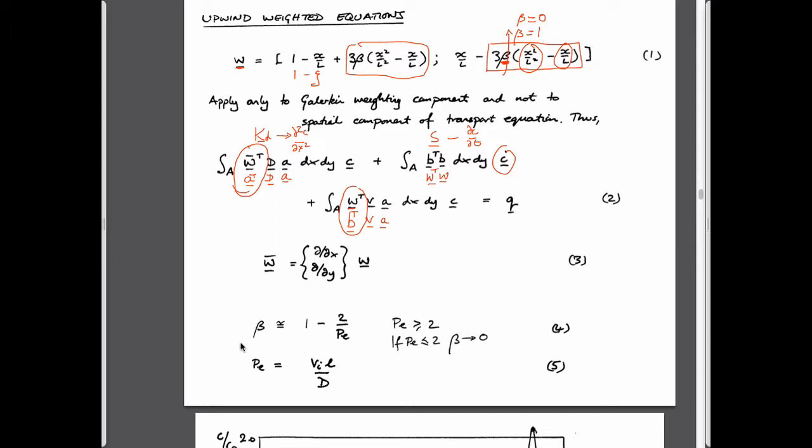And so you can index the magnitude of this weighting parameter with the Peclet number. You have to be careful because, obviously, if this is very small, well, okay, is that right? So if Peclet number is very large, it'll be 1. If Peclet number is very small, it'll be negative, so you don't use a negative one. It can't be less than 0.